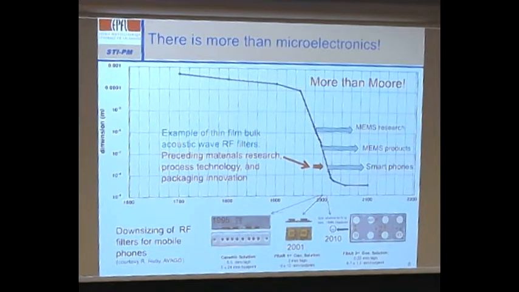In '95, they had these dielectric filters, ceramic solutions, relatively big. Then the first bulk acoustic wave resonator chip came in 2001 by this company Avago. You see here the size in 2001, and then the same in 2010. It's like this, and here it is enlarged.